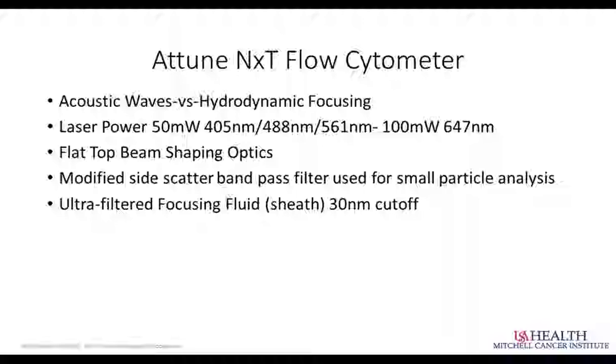Really what that means is that instead of focusing the laser into a very tight spot, which the cells may or may not correctly intersect, the laser beam is actually 10 nanometer by 50 nanometer wide. So what it means is that the alignment of the instrument is almost irrelevant because the particle will always be crossing the maximum width of that laser, which also helps with the sensitivity we're talking about and just makes it more robust.